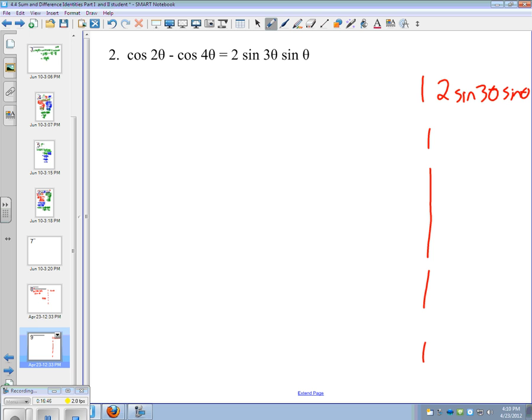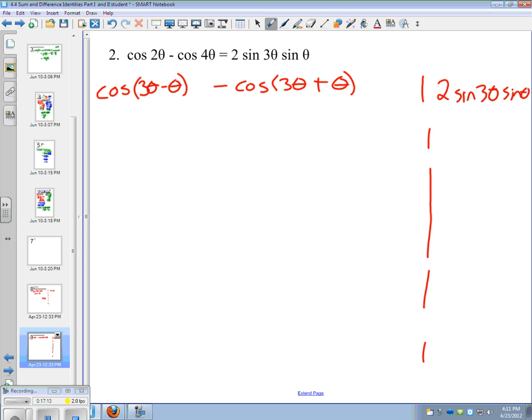What I'm going to do is rewrite these so they are a sum or a difference. So 2 theta, 4 theta, I'm going to write them both in terms of 3 thetas and thetas. So this cos 2 theta is the same as cos of 3 theta minus theta, and cos of 4 theta is the same as cos of 3 theta plus theta.